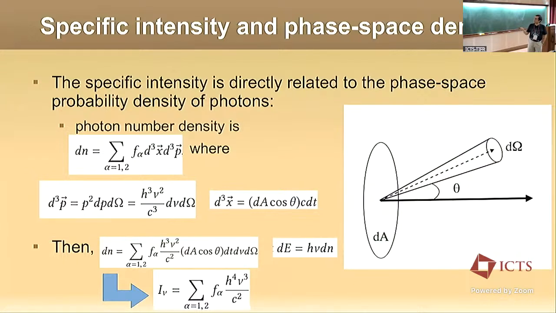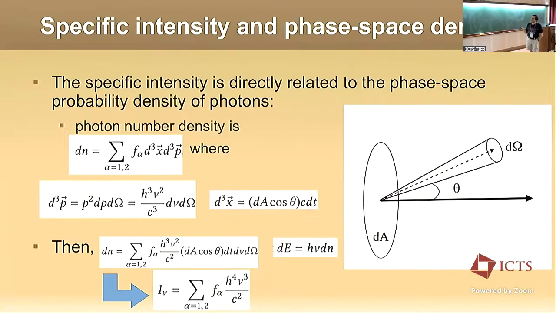If you take the phase space density, multiply by a little volume of space and a little volume of momentum space, and sum over the two polarizations of the photon, you get how many photons you have in this small volume.